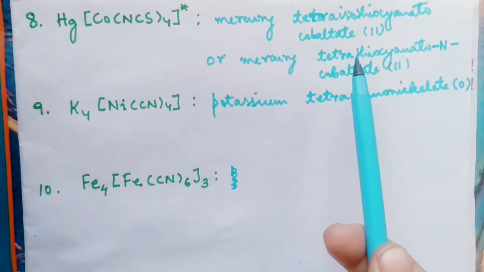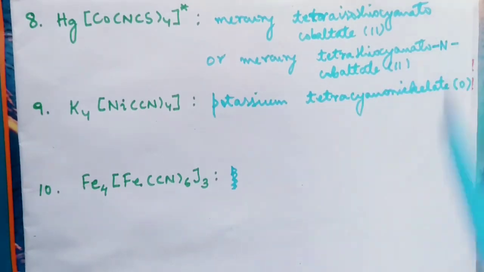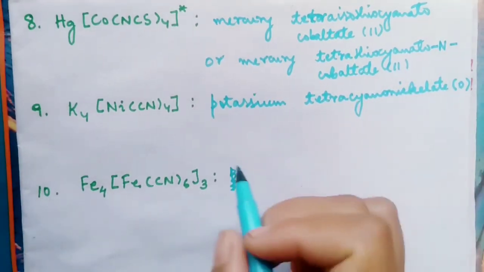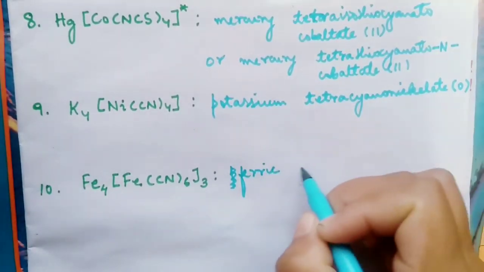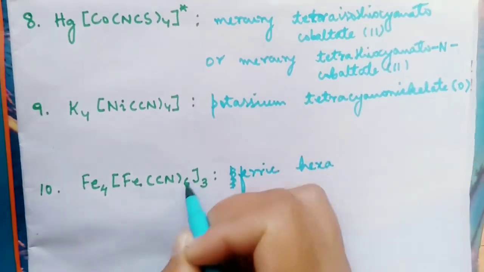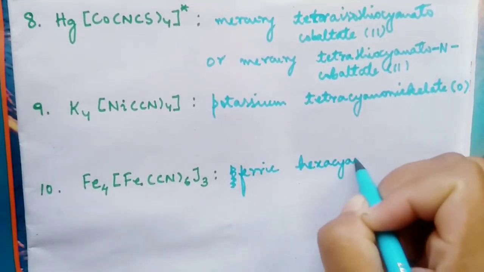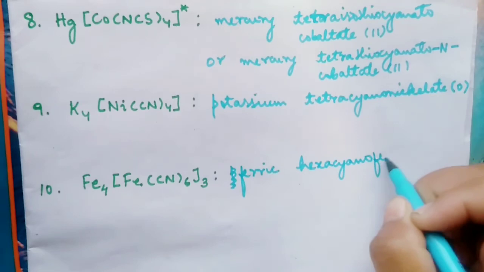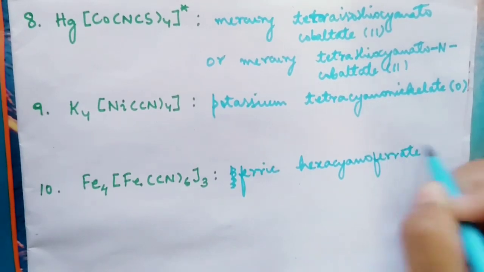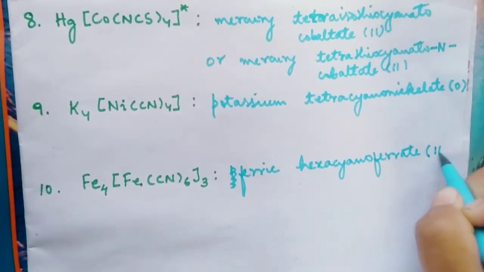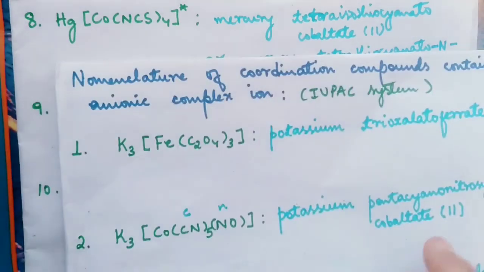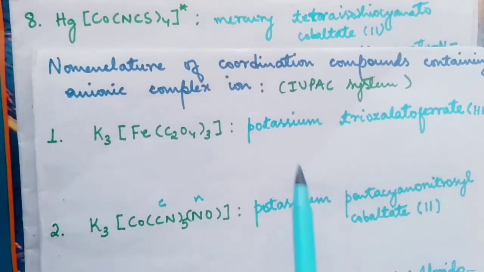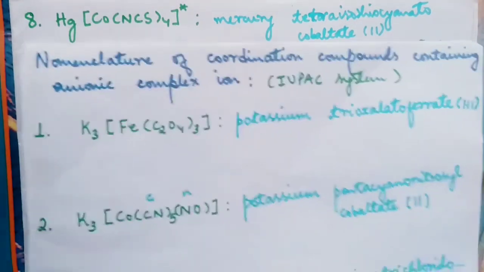When you name it as thiocyanate, then there should be N of this form. So what is this? Ferric, leave some space, and then we come to the ligand. Hexacyano ferrate. Oxidation state is 2. So it is in this way how to name the coordination compounds containing ionic complex ion in the IUPAC system.